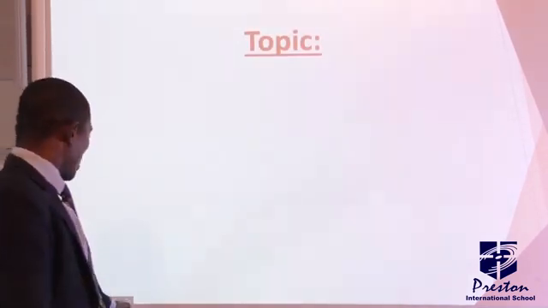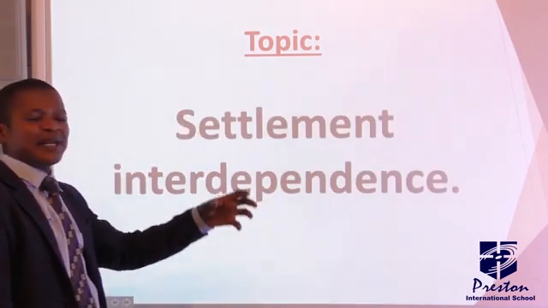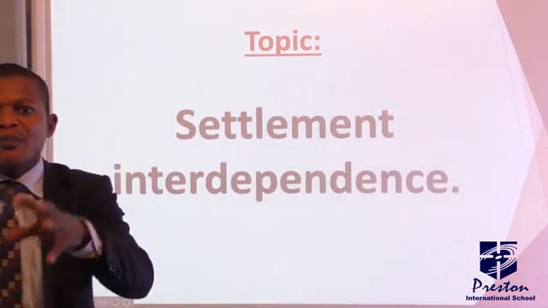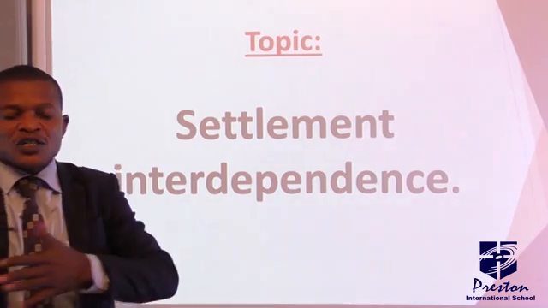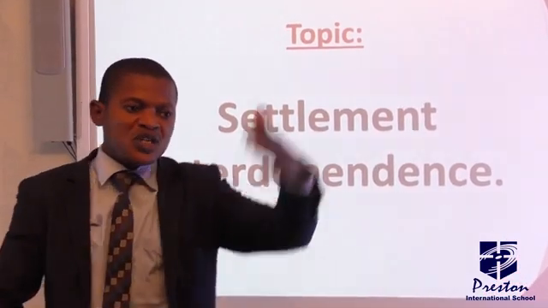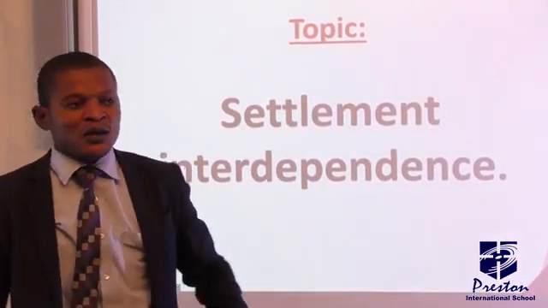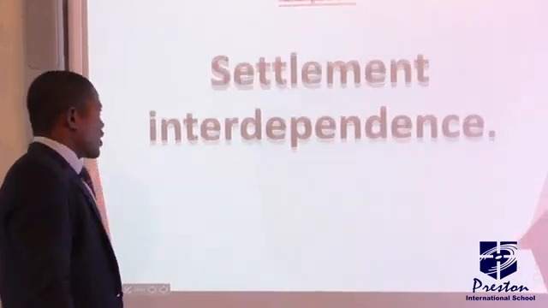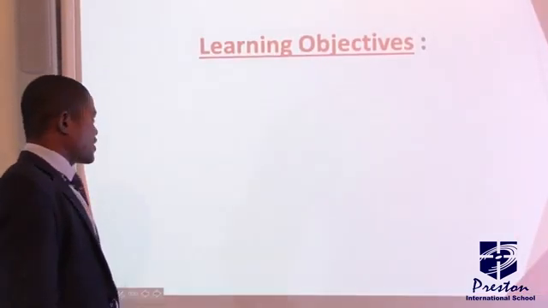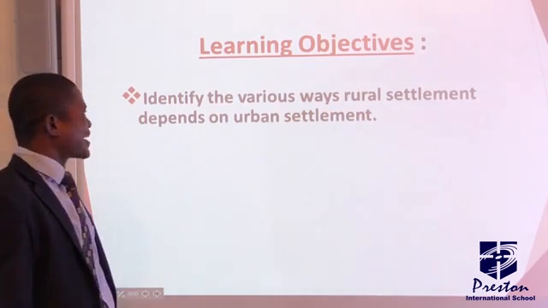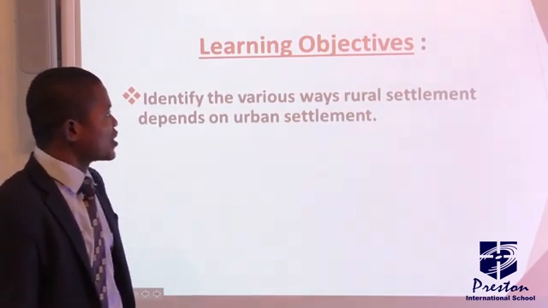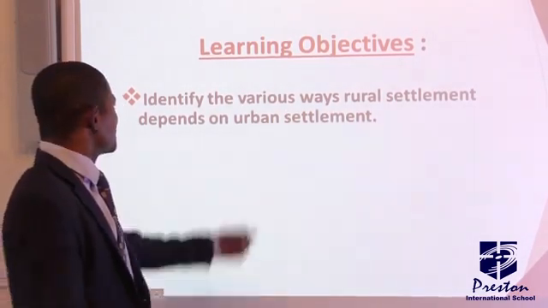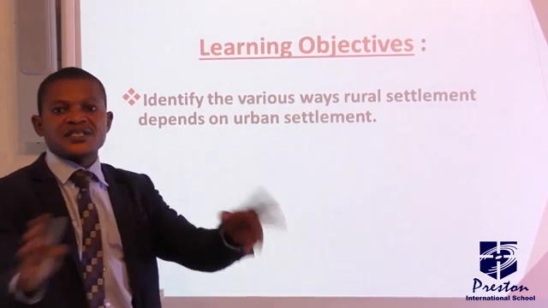For today, we are going to look at settlement interdependence. Settlement interdependence is the various ways through which one settlement depends on the other. So now let's look at the objectives. By the end of this class, you should be able to identify the various ways rural settlements depend on urban settlements.